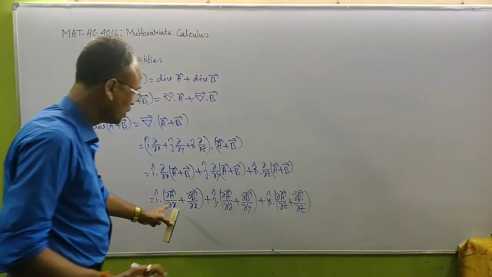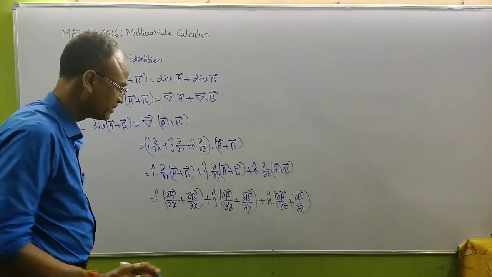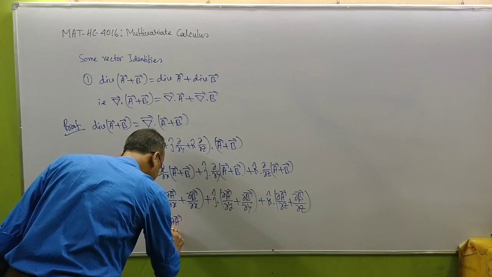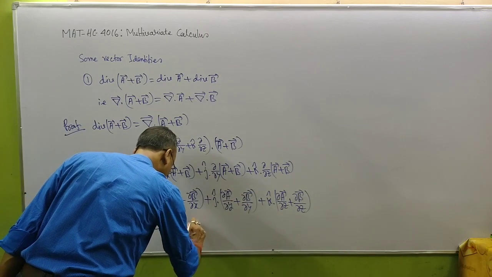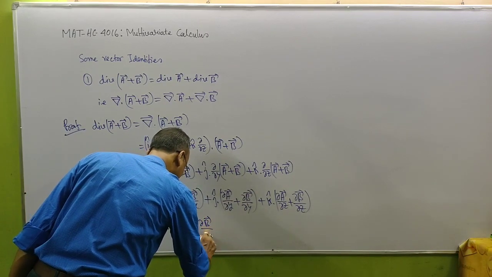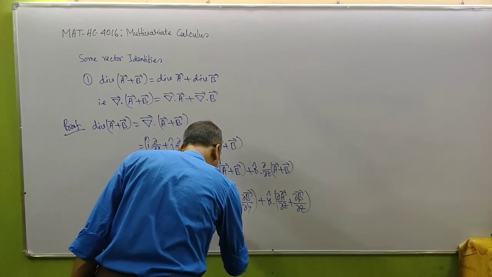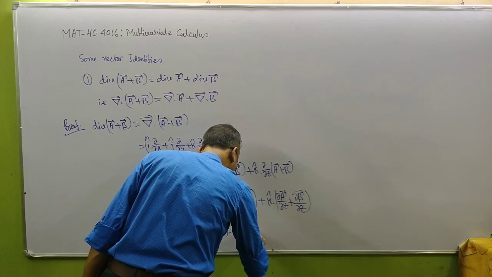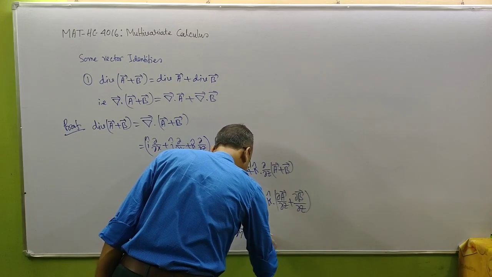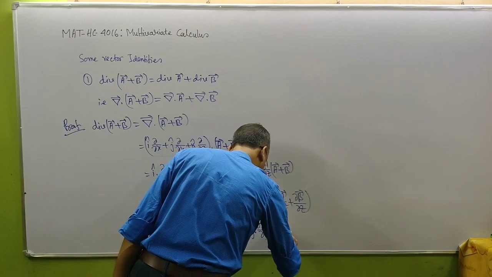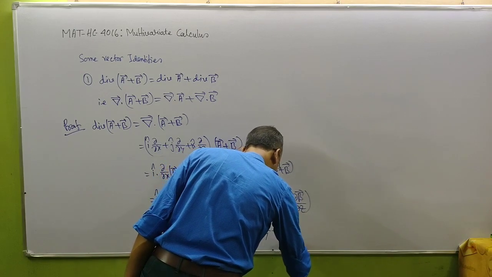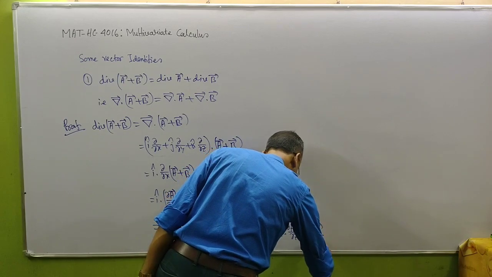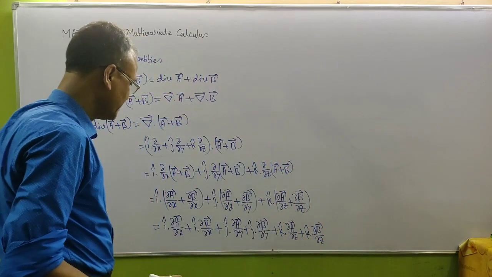Now we see dot product is distributive. Therefore, you may write like this: i cap dot ∂A/∂x plus i cap dot ∂B/∂x plus j cap dot ∂A/∂y plus j cap dot ∂B/∂y plus k cap dot ∂A/∂z plus k cap dot ∂B/∂z.